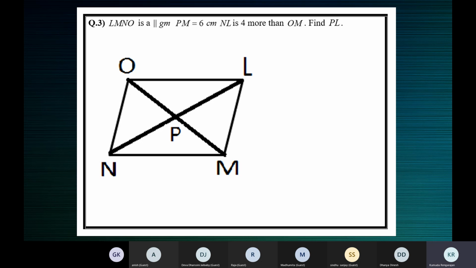PM is a part of which diagonal? OM, ma'am. Which is the midpoint of OM? P. OP is equal to PM, ma'am. Yes, OP is equal to PM.